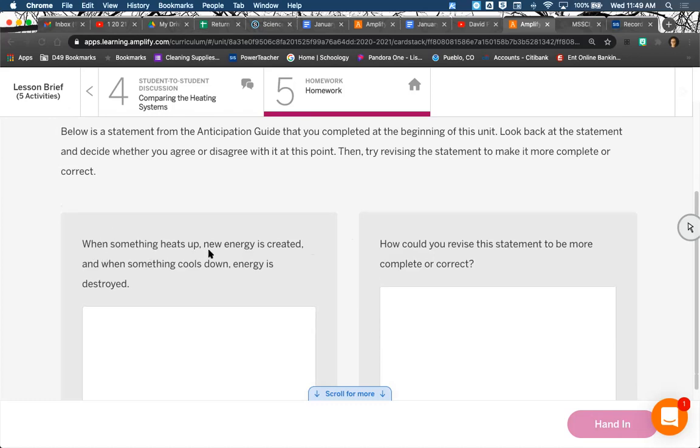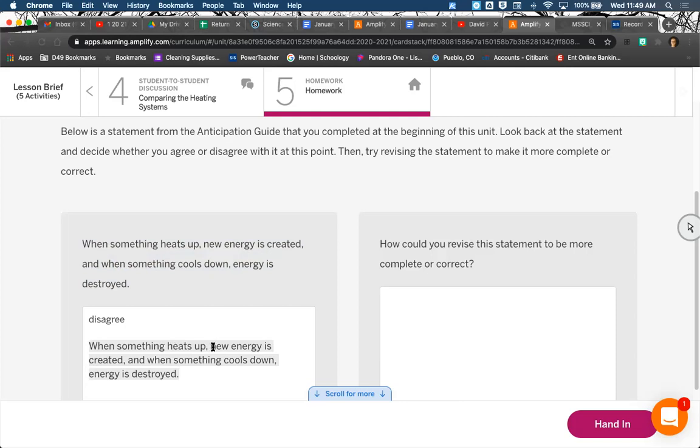Okay, so when something heats up, new energy is created. No, I disagree. Now I see what the instructions say. Now we need to make this statement correct. So let's copy it and paste and change it.